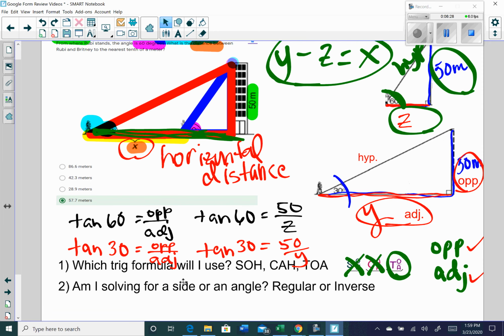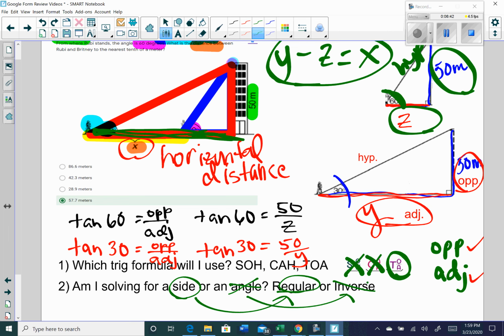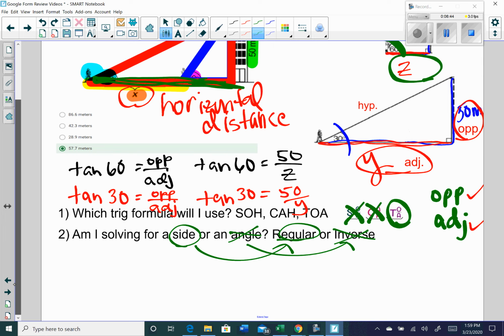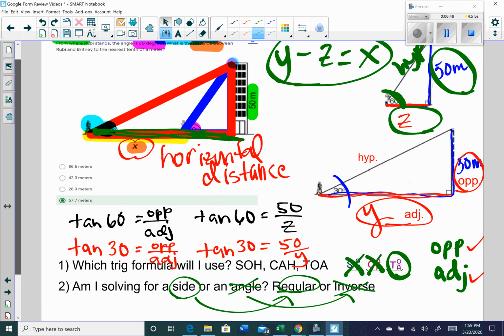Am I solving for a side or an angle? Since I want the horizontal distance, it looks like I'm solving for a side, not an angle, which means I'm going to be using the regular tan and not the inverse tan. So for both of these equations, I want to make sure I'm using regular tan and not inverse tan.